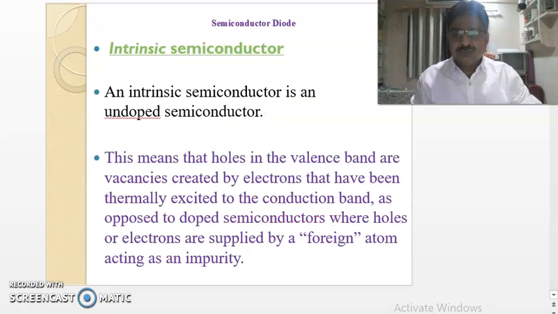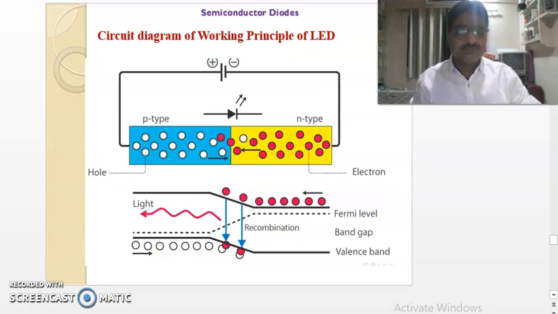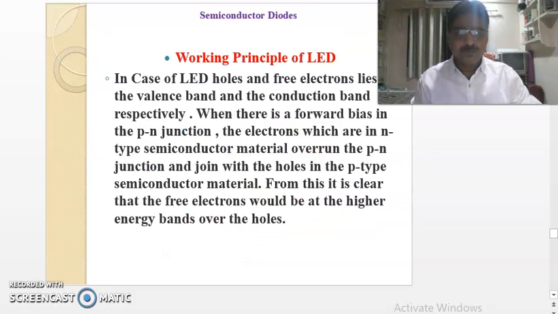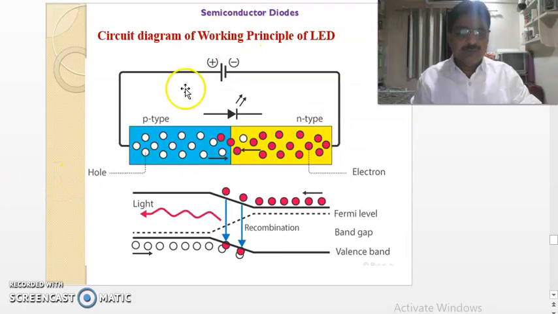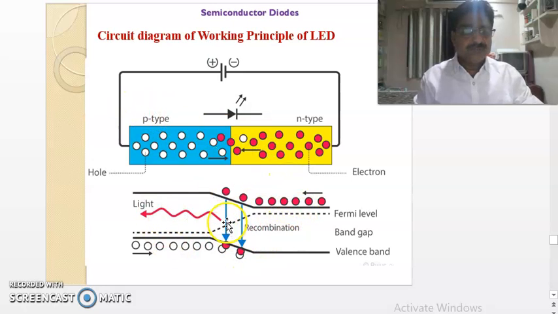Now we shall discuss the working principle of LED, light emitting diode: how it works, how it emits light. This concept we have to be clear. Here you see, whenever the positive terminal is connected, forward biasing is there, as shown here pictorially.